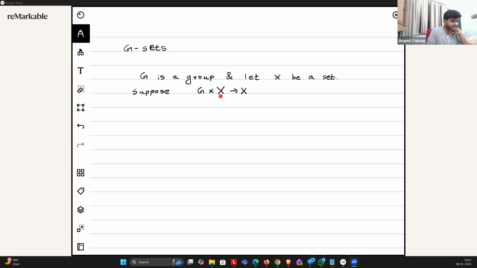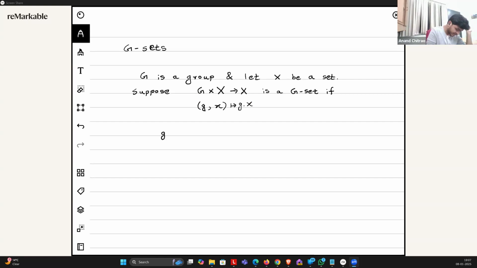If you take X to be G itself, then you have a map from G cross G to G. This is a G-set if some conditions are satisfied. This map is usually denoted by G dot X, for brevity's sake.